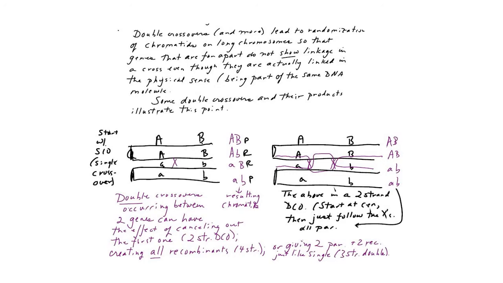So here we have our big A. We're going to have a crossover to the other chromatid, and then we're going to move along the chromatid, and then we're going to have another crossover between A and B. So the effect of that second crossover is to undo the effects of the first one, because that's going to give us a parental, and its reciprocal is also a parental. So it's going to look like we had no crossover, where in fact we had two crossovers.